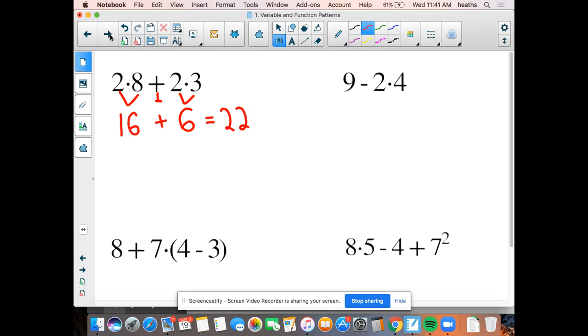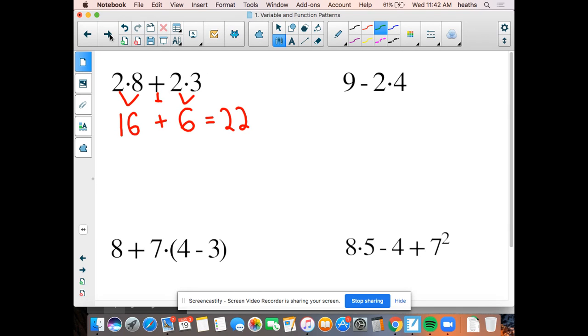So let's go to the second example, which is going to be on the top right. And that is going to be 9 minus 2 times 4. Similar to last problem, I do not see any parentheses and I do not see any exponents. What I see is subtraction and multiplication. So I know from my order of operations that after parentheses and exponents comes multiplication and division, and there is a multiplication problem here.